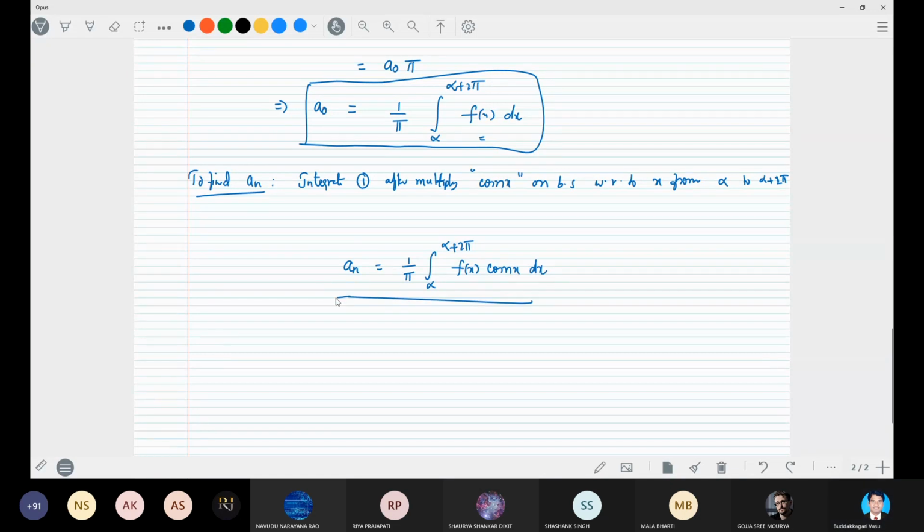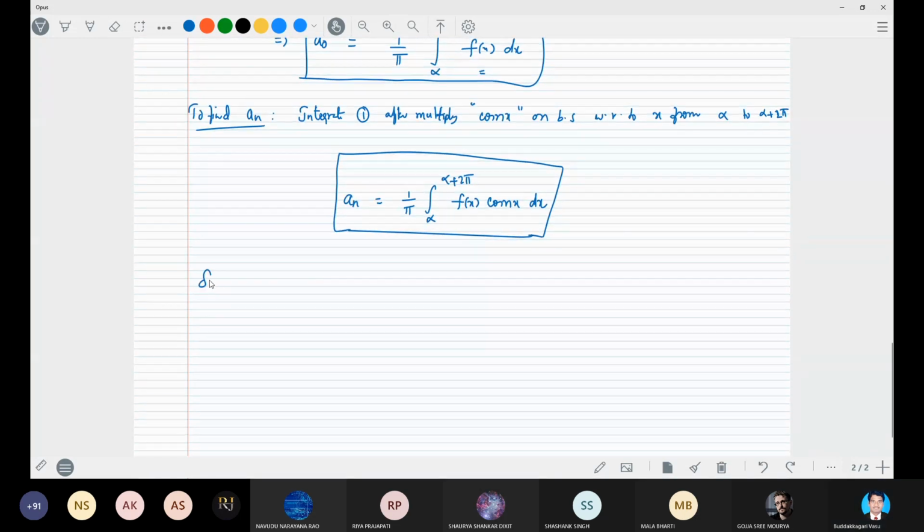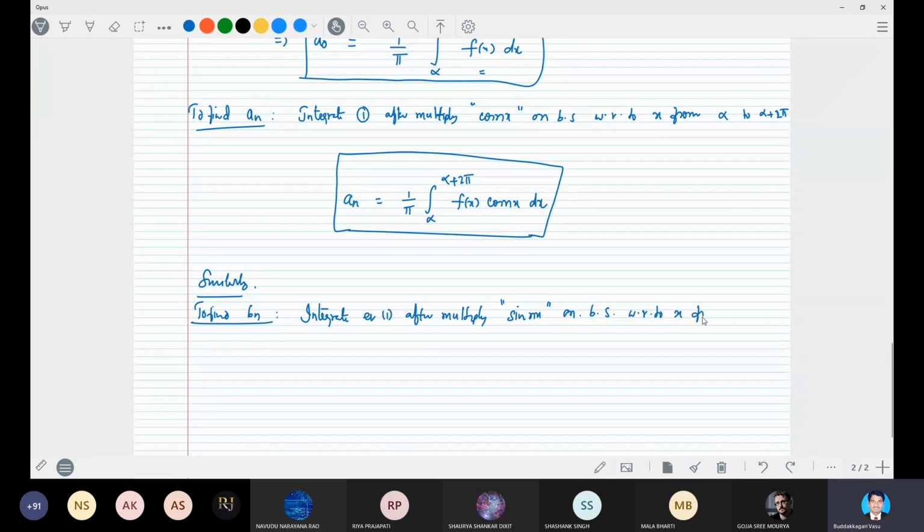Okay. Similarly, to find bn, integrate equation 1 after multiplying sin nx on both sides with respect to x from alpha to alpha plus 2 pi.